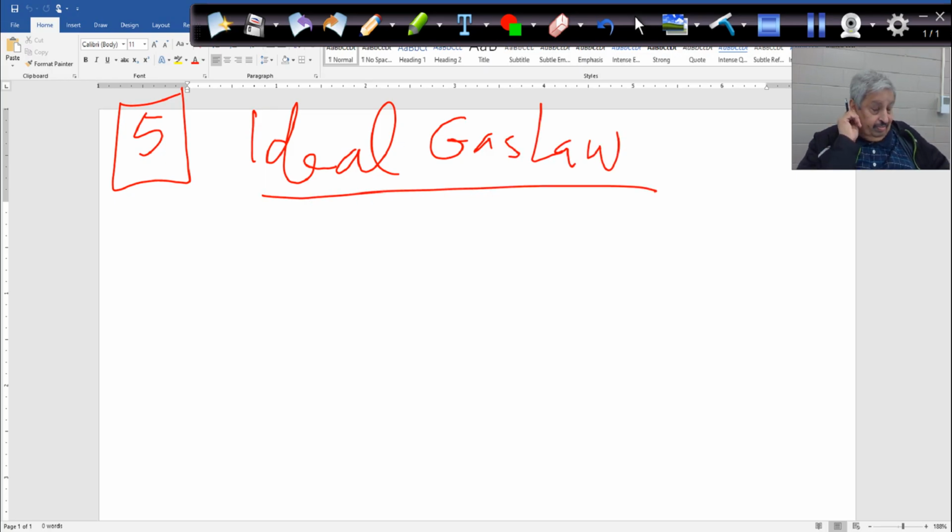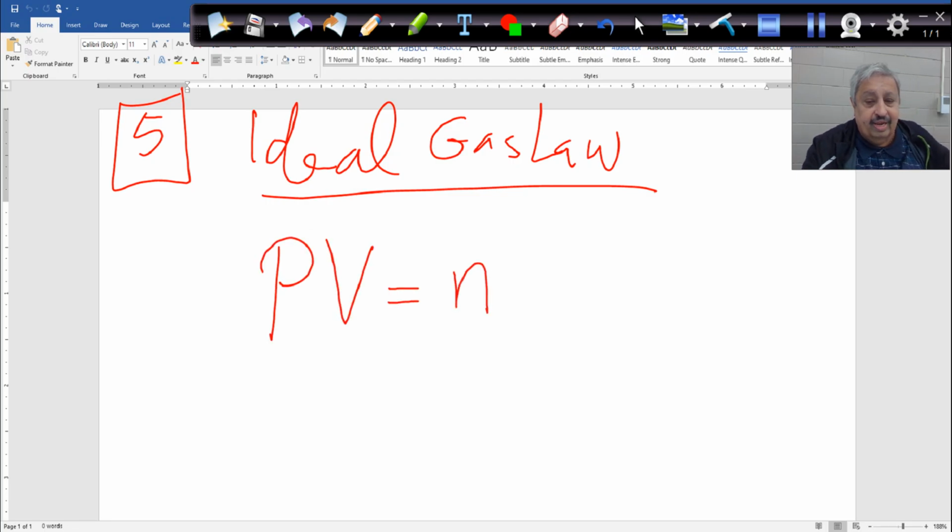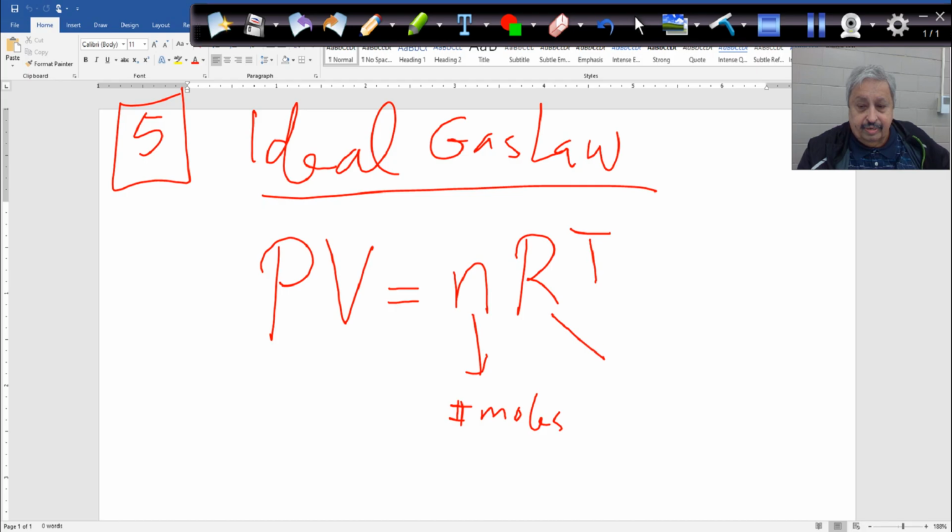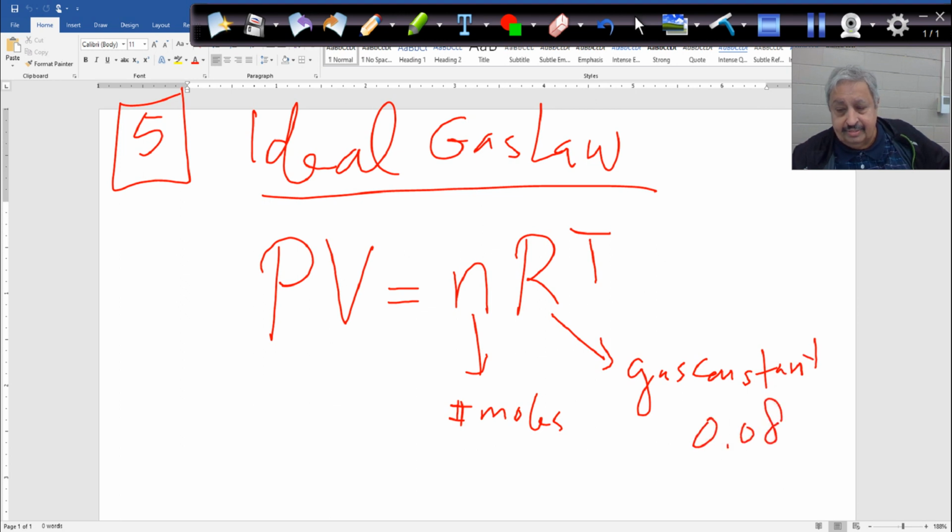Ideal gas law will be given to us as PV equals nRT. This one here, n, is number of moles. R is the gas constant, and it has a value 0.082 liter atmosphere per mole Kelvin.